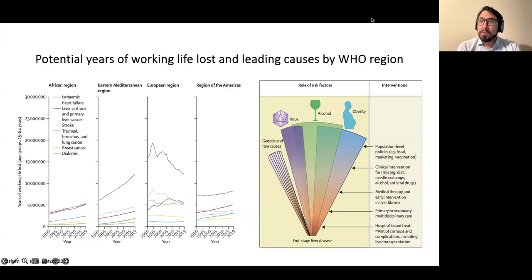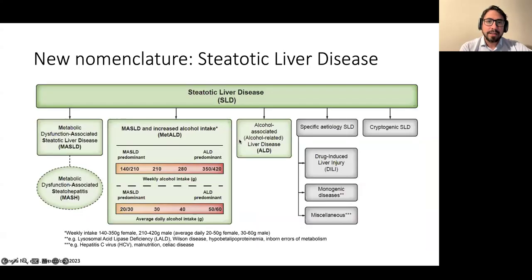And alcohol, but also obesity, diabetes, and viral hepatitis are the leading risk factors for chronic liver disease. So the population exposed to liver disease as a baseline comorbidity is extremely high. And we will check the epidemiology in the following slides. But today we're talking about steatotic liver disease.